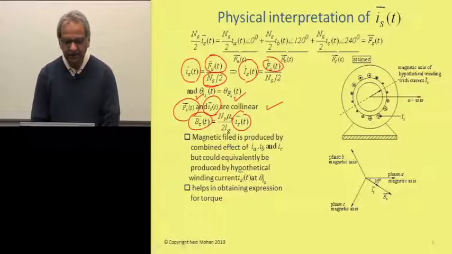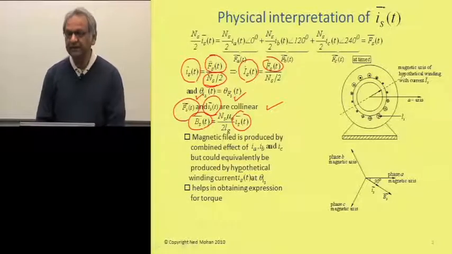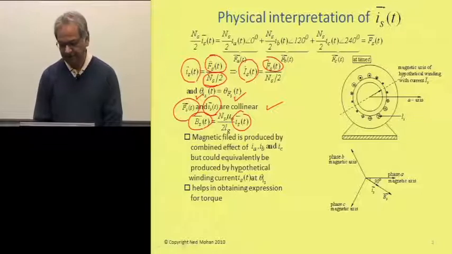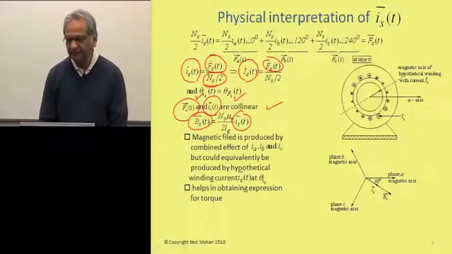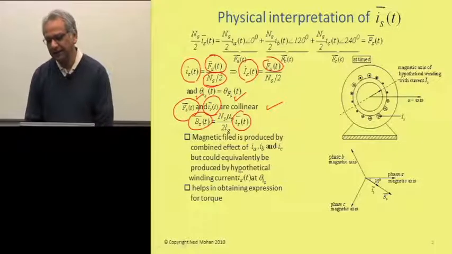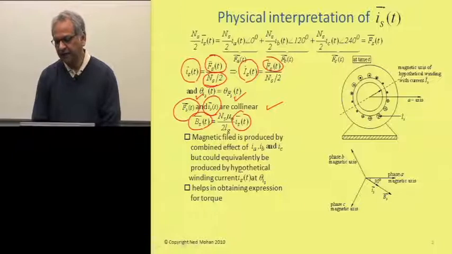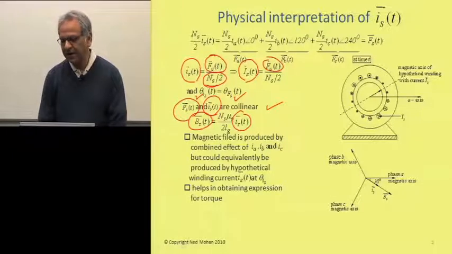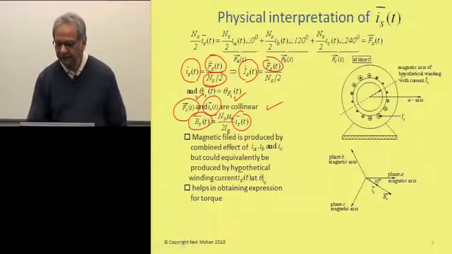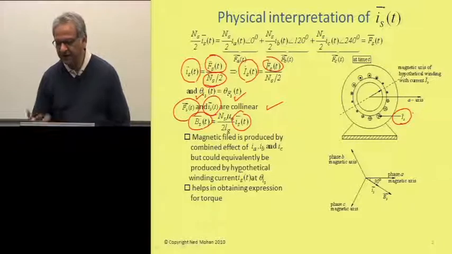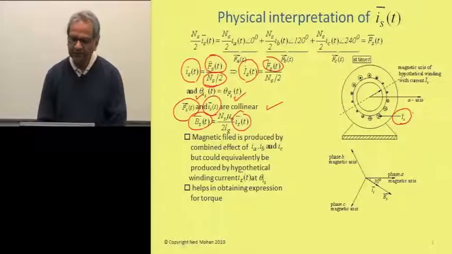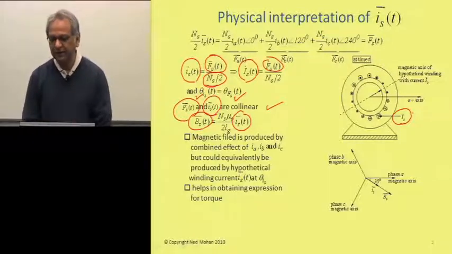But equivalently speaking, we can say that we have a hypothetical winding, as shown on this figure on the right. This hypothetical winding has sinusoidally distributed turns, n sub s number of turns, and it has a current flowing, which has a value of i-s hat over here. So each turn has this current i-s hat, but the number of turns are sinusoidally distributed.